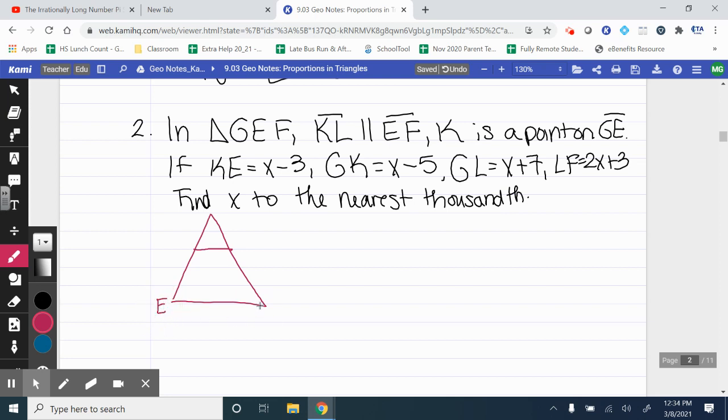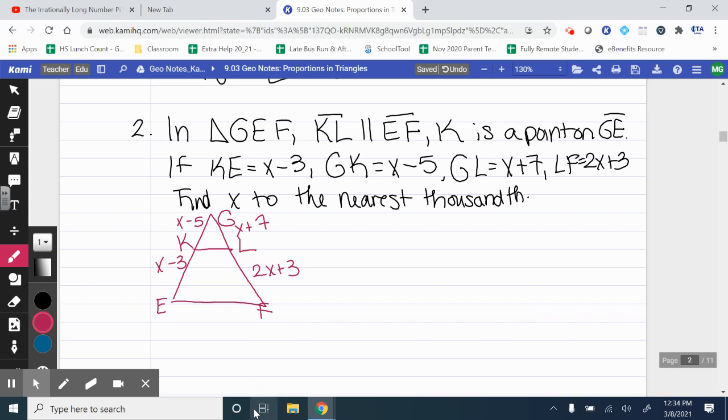So if I make EF down here, and I know that K is a point on GE, so this has to be K over here, and then that must be L. KE is x minus 3, GK is x minus 5, GL is x plus 7, and LF is 2x plus 3.